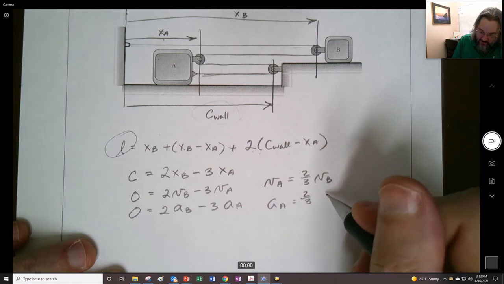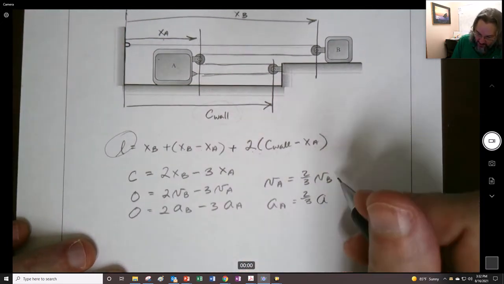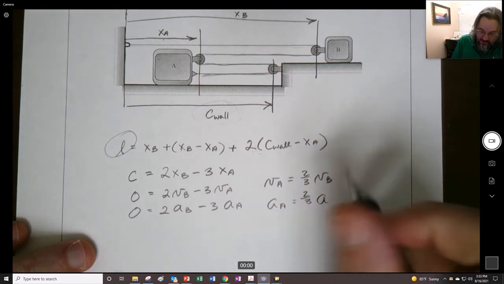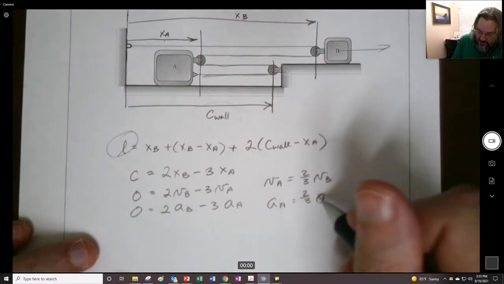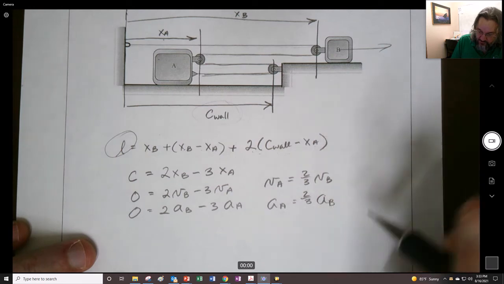And it's not negative, because that negative made it so that they're going to be moving in the same direction. Interestingly enough, we move this one in that direction, and this one also moves in that direction by 2/3 of the speed.